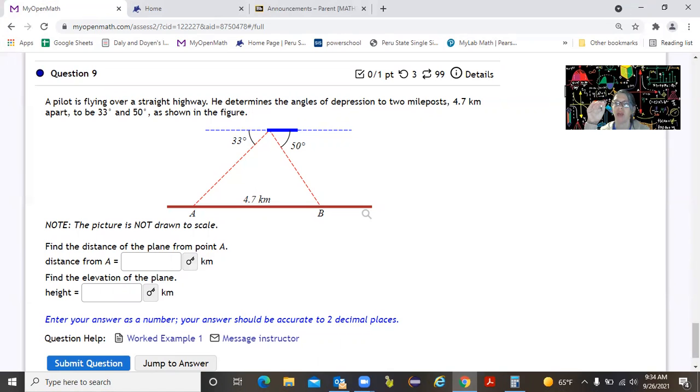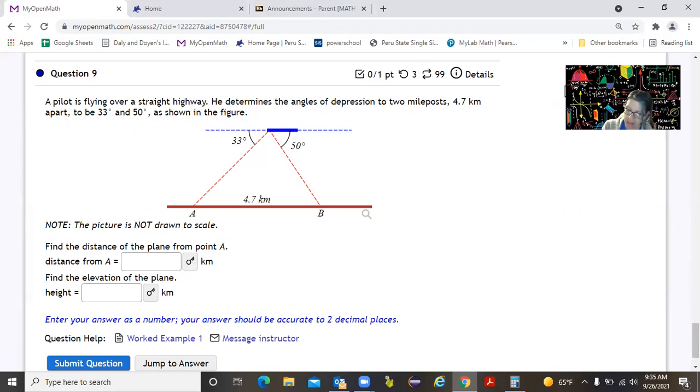From where he's located, angle of depression, again, from him down, if he looks at milepost A, it was a 33-degree angle. If he looks at milepost B, it was a 50-degree angle. And we know the difference between the 2 mileposts ends up being 4.7 kilometers. So it says find the distance of the plane from point A.